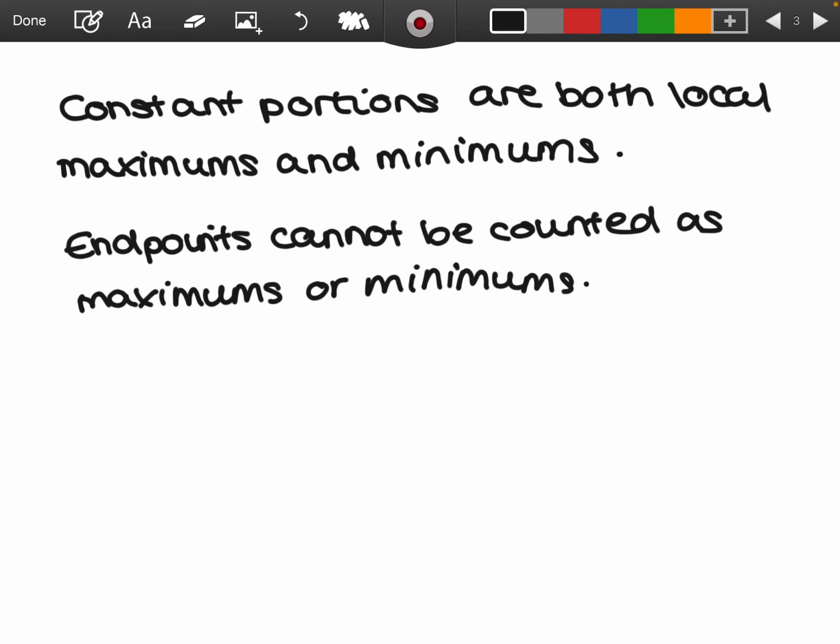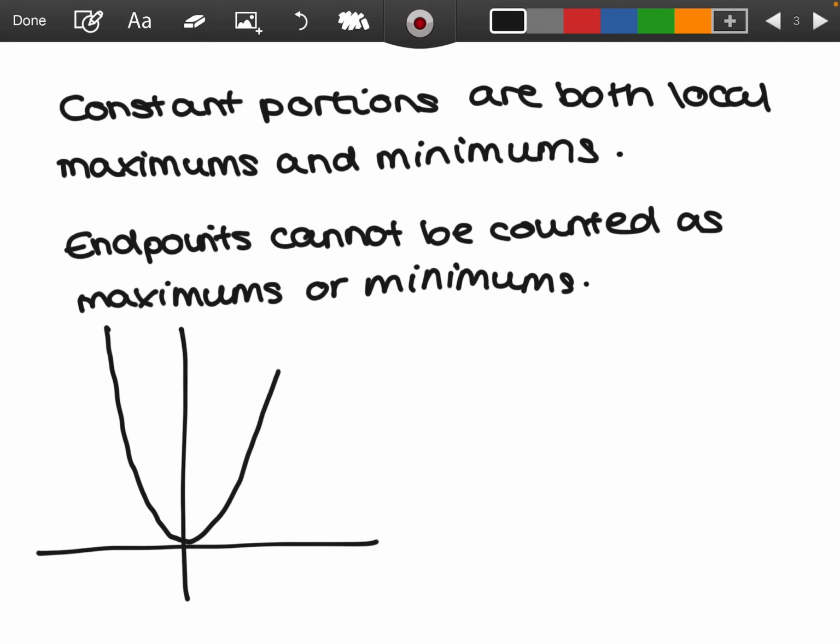A good example to look at here is f of x is equal to x squared. So it would be this quadratic curve. I'll do a quick sketch of it here. Okay, here we have this local minimum. Okay, at x is equal to 0, we have a local minimum of 0.